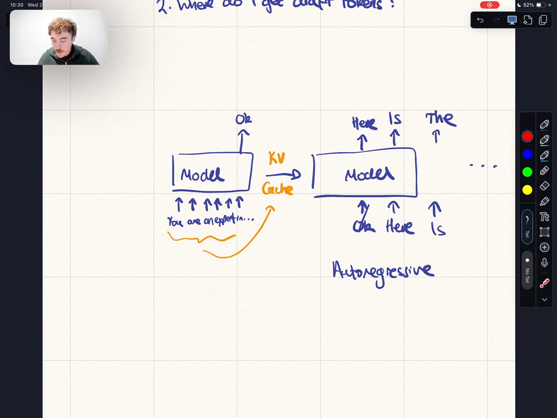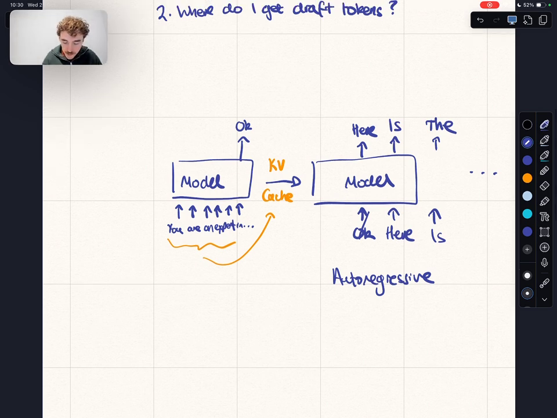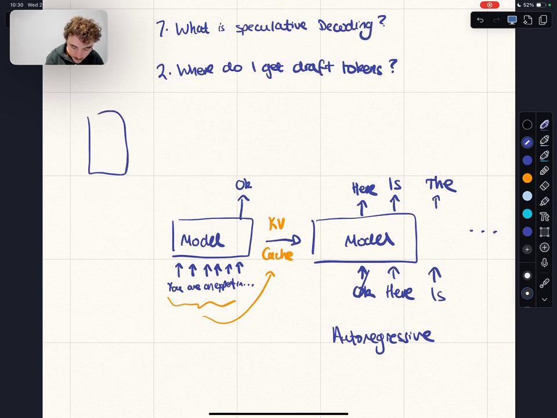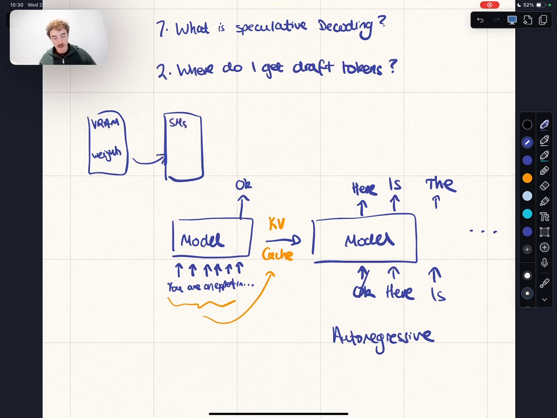It means we amortize some of the fixed costs associated with language model inference. For example, in a GPU, you have the weights stored in VRAM, and then you have the compute part of the GPU, the SMs, and you have to move these weights into the SMs before you can do any operations on them. The nice thing about the prefill stage is we can amortize this over many thousands of tokens. We only do this once for this entire process.